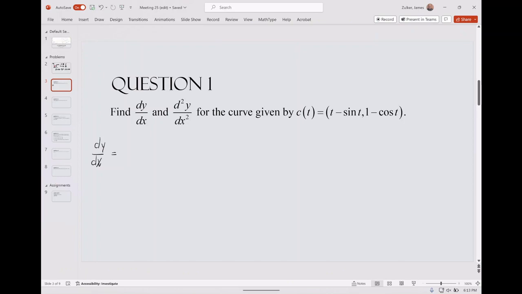You mean like x or y? Yeah. Okay. Which means that 1 minus cosine would have to be y of t. Just keep that in mind. It's always x comma y.